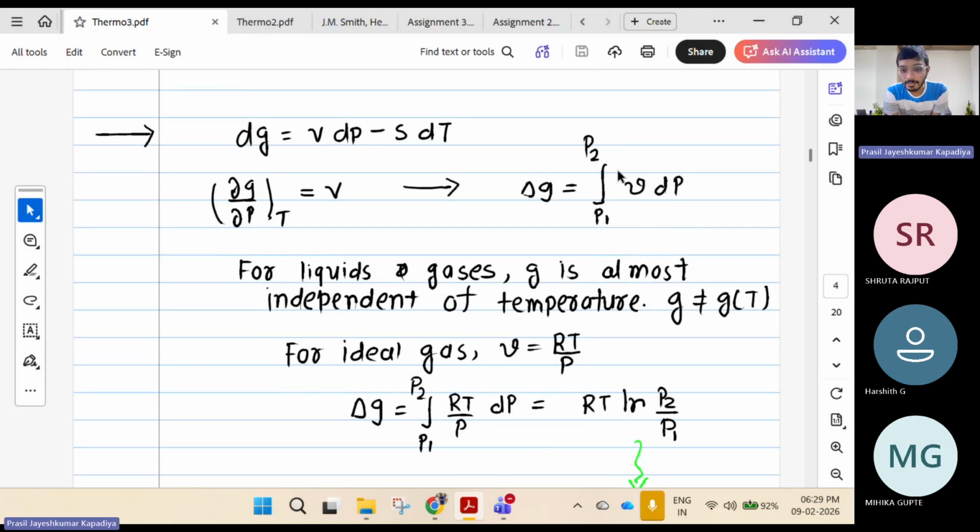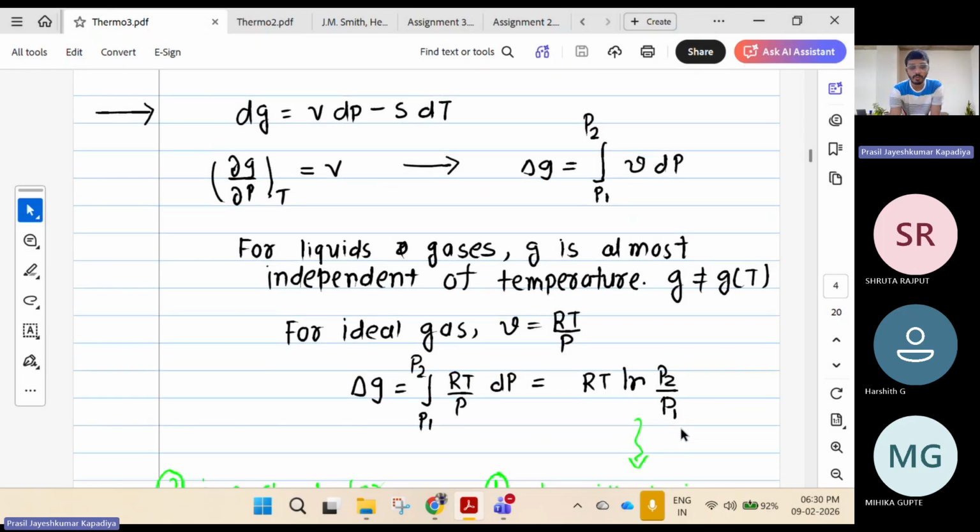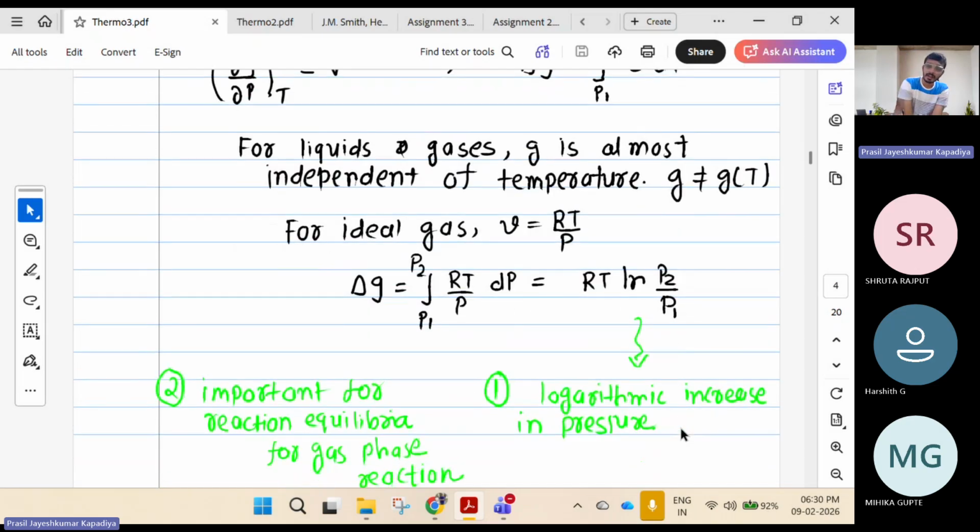So let's say I am dealing with an ideal gas. My V will be equal to RT by P, so my delta G is RT ln P2 by P1. What are we seeing here? Gibbs free energy is not directly increasing with increase in pressure, but it is increasing in a logarithmic manner. It's not going from P1 to P2, it is going from ln P1 to ln P2.